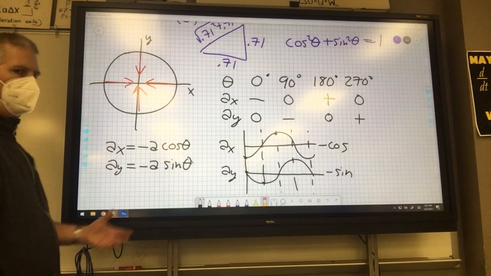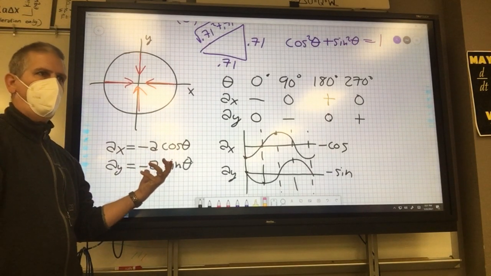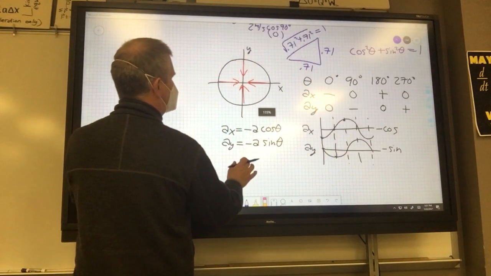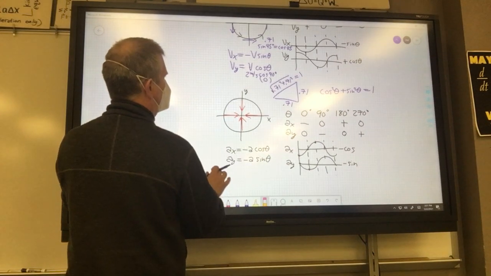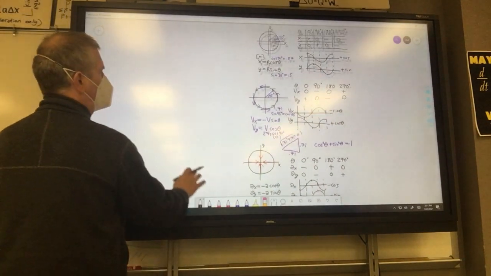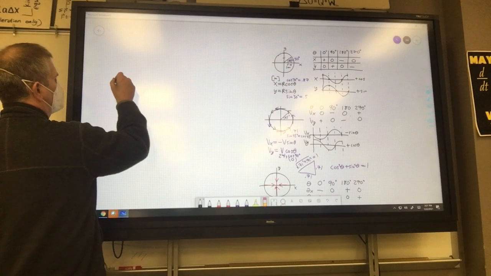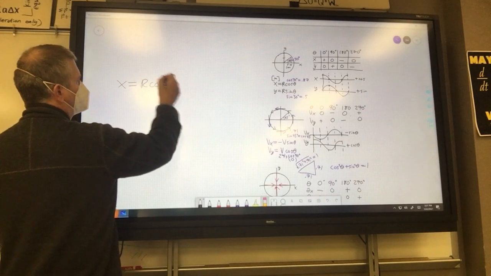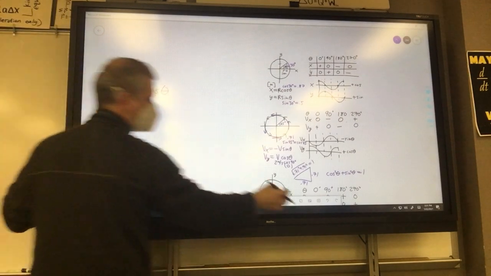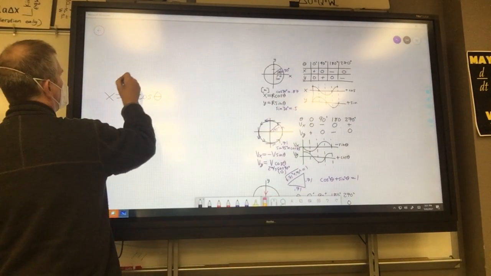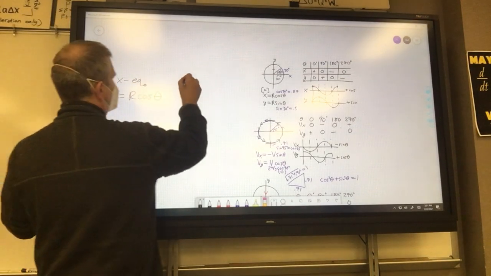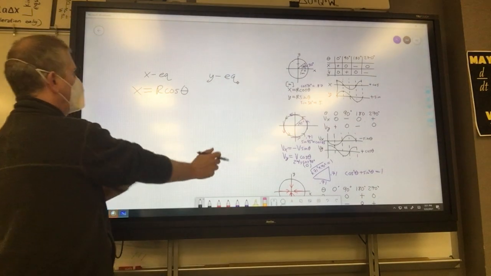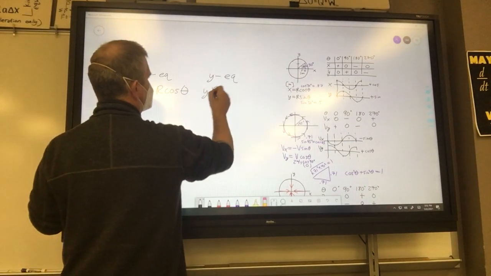I would like to take all of these equations that we just derived and move them over to the side and look at them together. We have to shrink this up, maybe a little harder for you to see right now. So we'll put all of our x equations here, and our y equations here, and then take a look at them together and see what kind of cool things we see. x equals r cosine theta. y equals r sine theta.